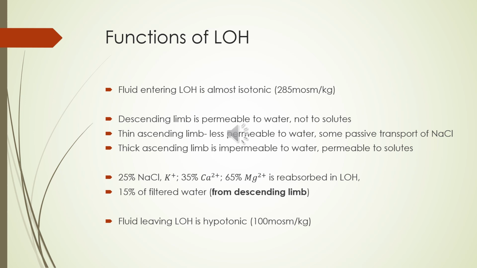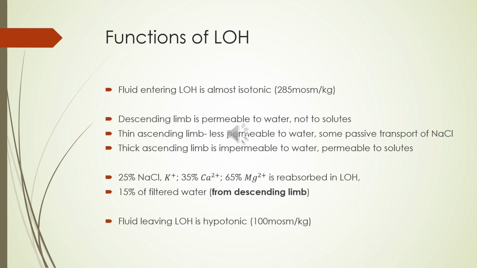So around 25% of the filtered sodium chloride and potassium ions, 35% of the filtered calcium ions, 65% of the filtered magnesium ions, and 15% of the filtered water are reabsorbed in the loop of Henle. Some amount of water reabsorption occurs in the descending limb, whereas no such water absorption occurs in the thick ascending limb.